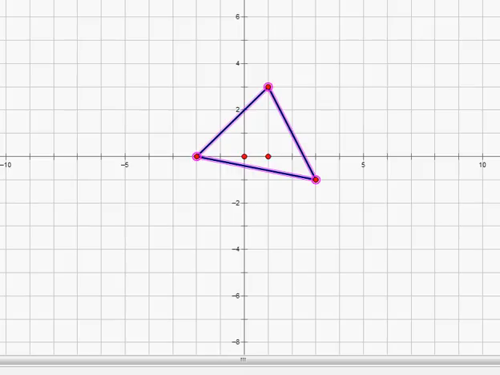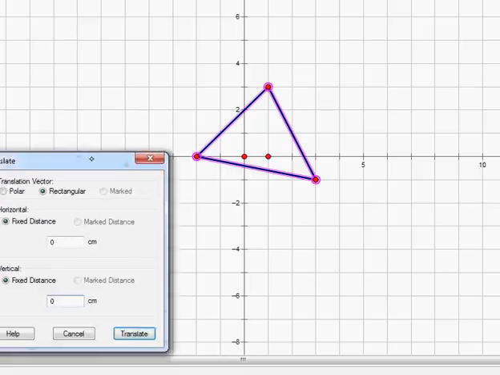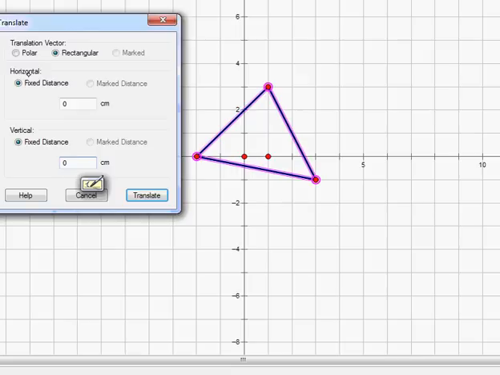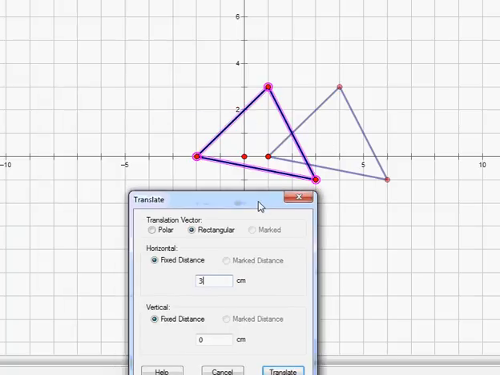If I want to add to the x coordinate, that has to do with horizontal distance, right? The x-axis is the horizontal axis. What would happen if I add, let's say, 3, a positive number? When you add to the x coordinate, the figure shifts to the right.